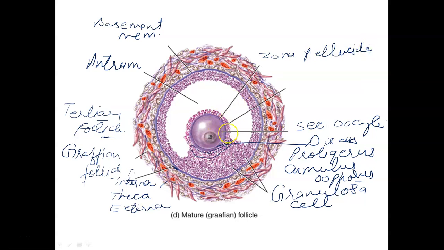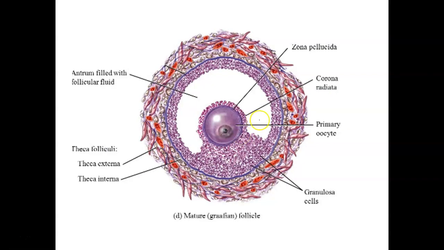The outer layer of the secondary oocyte is the corona radiata. Is it clear? This one is the nucleus of that secondary oocyte. So we have already labeled all these.